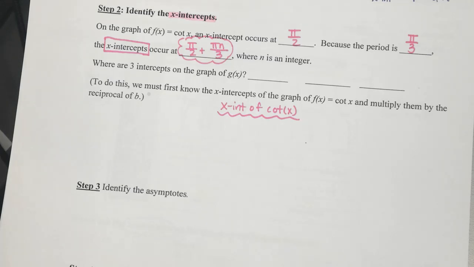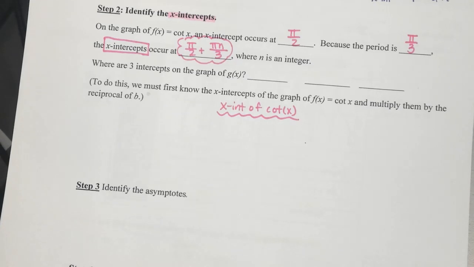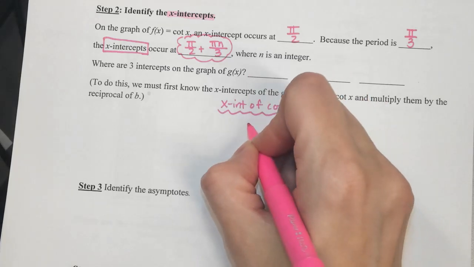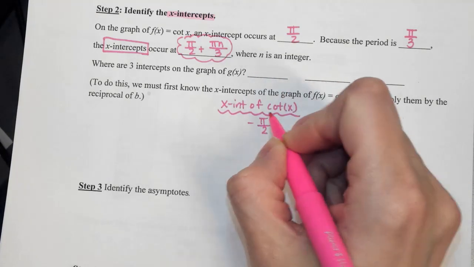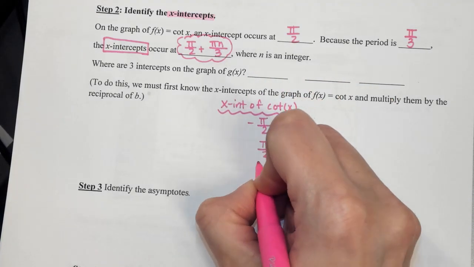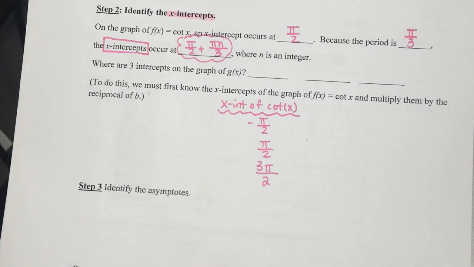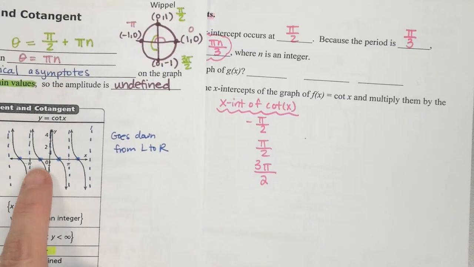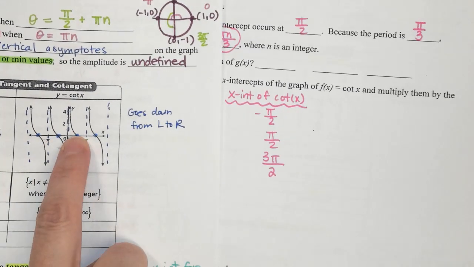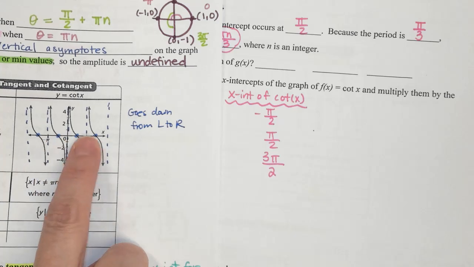So if we look at the x-intercepts of the cotangent, we wrote down 4. We wrote down negative 3 pi over 2, and then negative pi over 2, pi over 2, and 3 pi over 2. You don't have to do all 4 of them. We're just going to do 3 of them and then follow the pattern. Okay, so we are just taking the x-intercepts from the cotangent. So negative pi over 2, pi over 2, and 3 pi over 2.